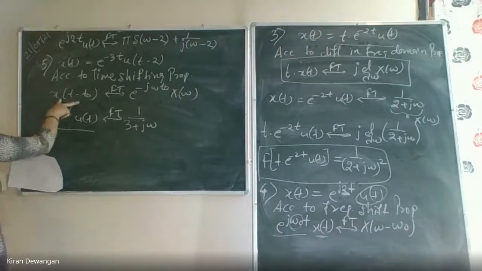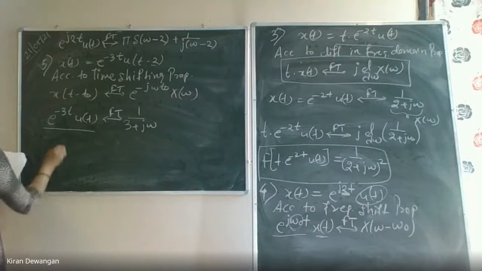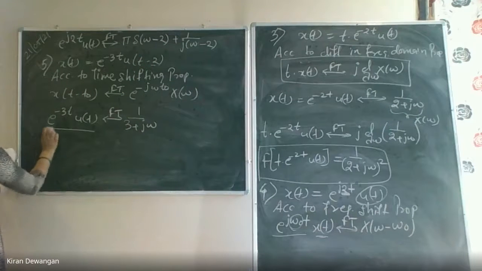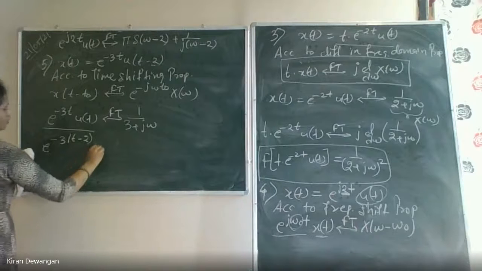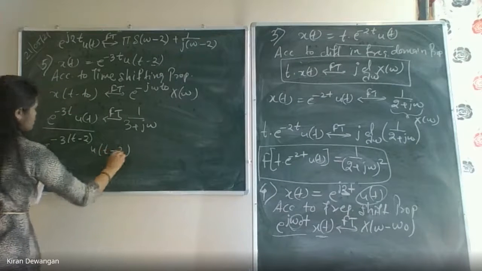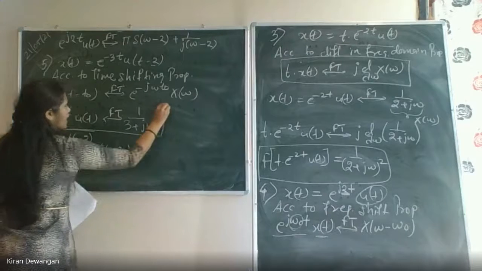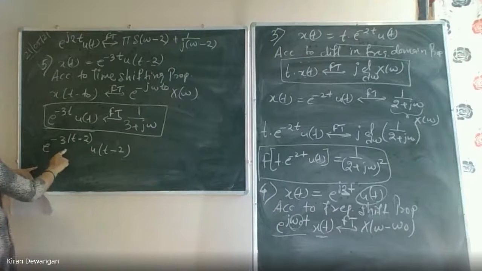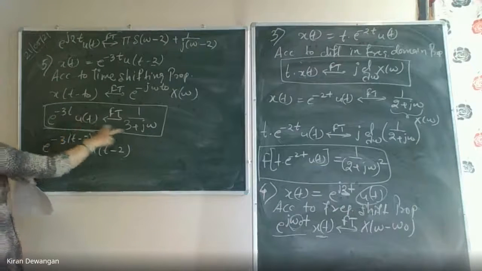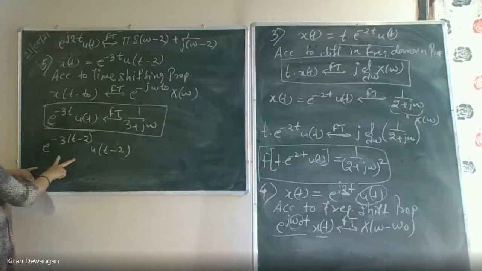Now if this is my xt and I have to shift it by a value 2, in that case this becomes e to the power minus 3 into t minus 2, u of t minus 2. Clear? So this we already know, and we will have to make use of this thing. This one is xt, and I get this as the Fourier transform. Now in this I am applying the time shifting property.